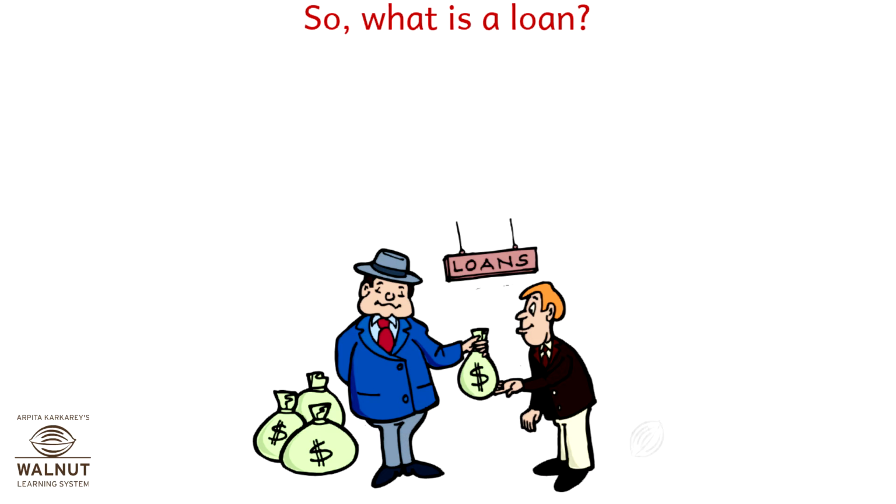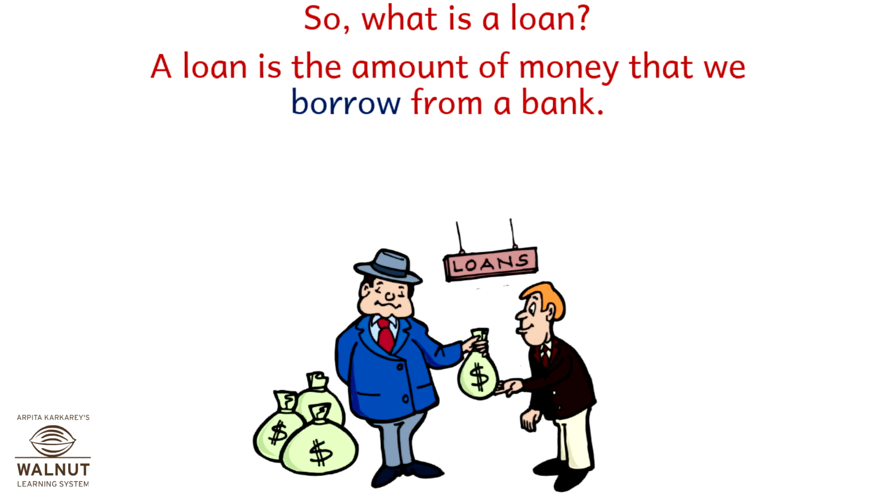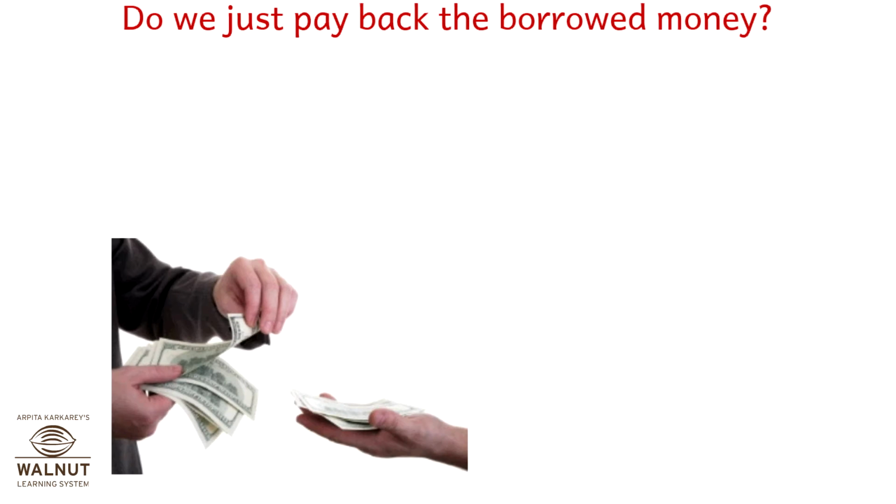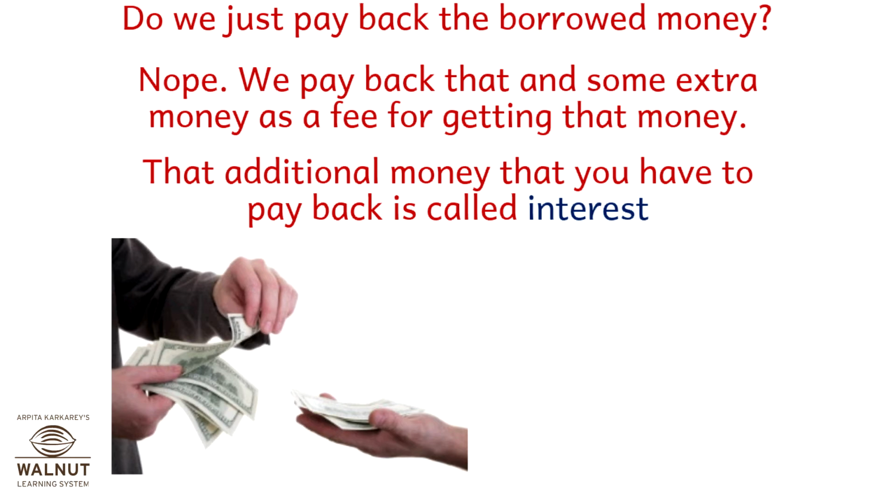So, what is a loan? A loan is the amount of money that we borrow from a bank. We borrow the money. The bank is not gifting it to us. We have to pay it back. Do we just pay back the borrowed money? Nope.